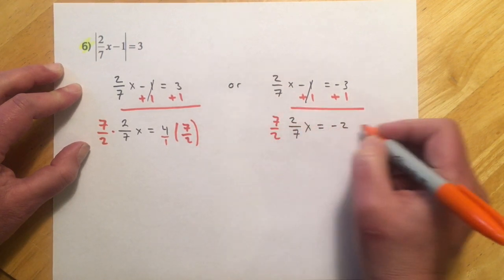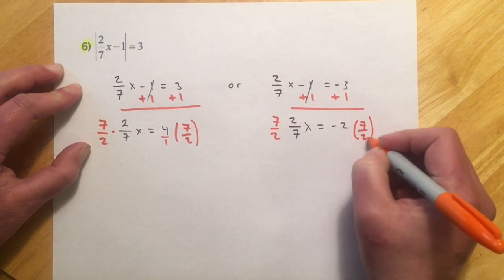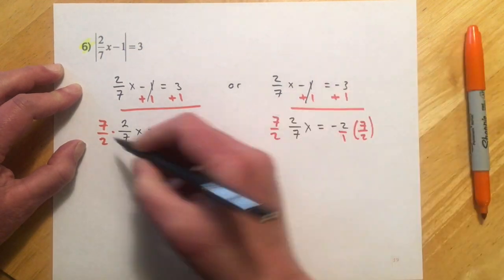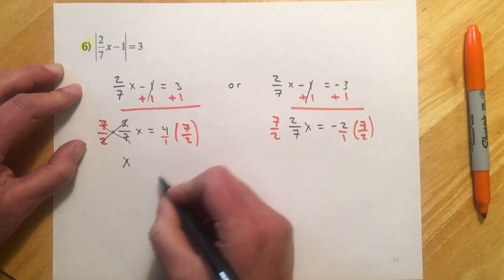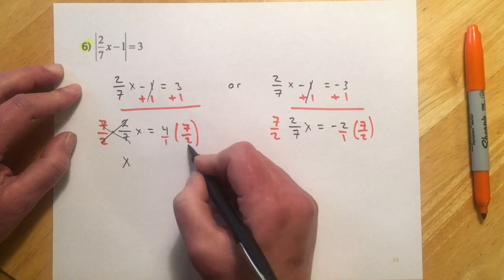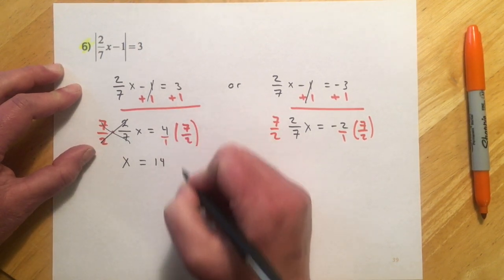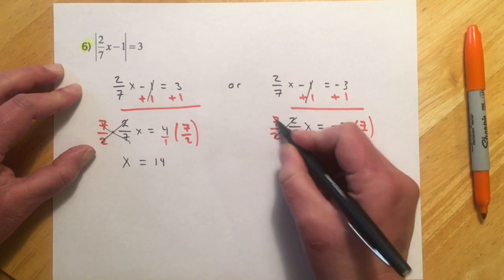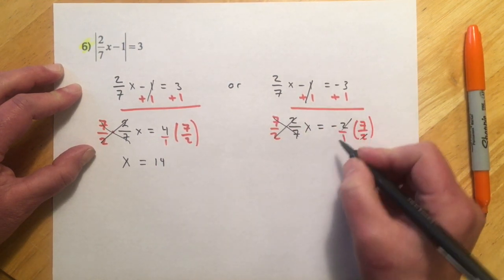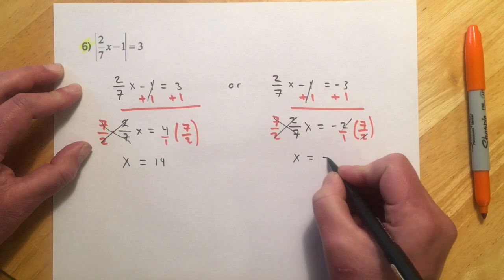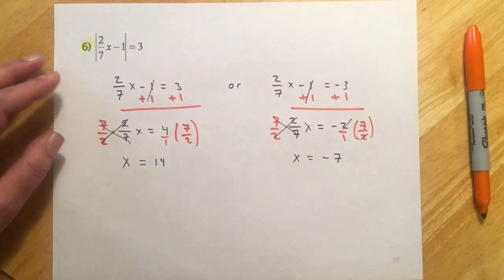And I'll do the same thing on this side. So, cancel, and I got x. Let's see, this would be 28 over 2, which is 14. Or you can think 2 goes into 4 twice, times 7 is 14. Over here, those cancel out. 2's cancel, and I got x equals negative 7.